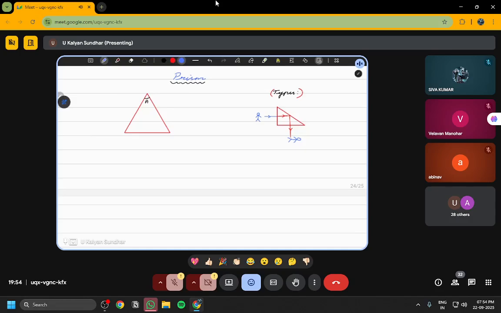This is based upon your right angled prism.